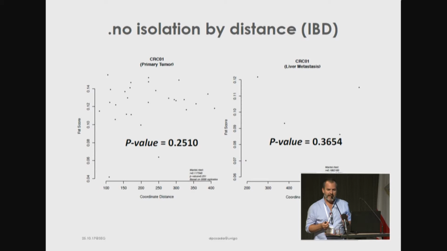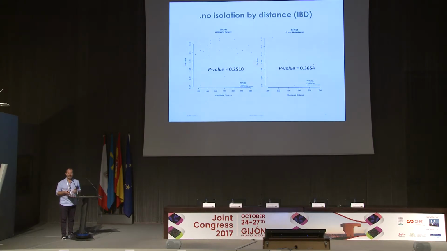We might expect an isolation by distance pattern, which is very common in population genetics. What is an isolation by distance pattern? It's a situation where, if we believe that cells start spreading continuously, we expect that cells that live nearby are closely related genetically. So we expect that siblings, daughter cells, are nearby; therefore, the closer you are in space, the more related you are.